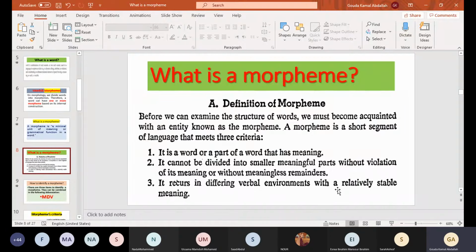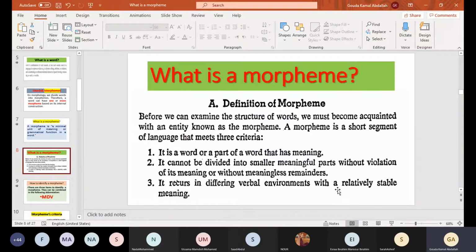Okay? So how many conditions so far? How many conditions, guys? Three. So in order to know whether this is a morpheme or not, you must keep in mind these three conditions.